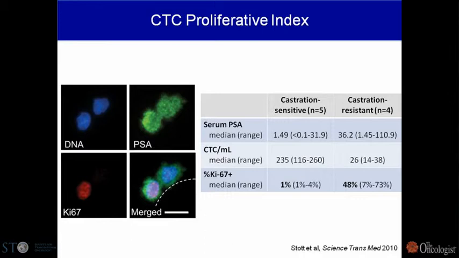And in fact, that 7% relates to someone who is being treated with an aromatase inhibitor. The ones who are being treated with Taxol are closer to the 50 to 70% in this small series. So again, now we can look at proliferative index as a subset of CTCs, raising the question that we don't really want to know the total number of CTCs. We want to know who are the bad guys among that crowd, and it could be a very small subset.